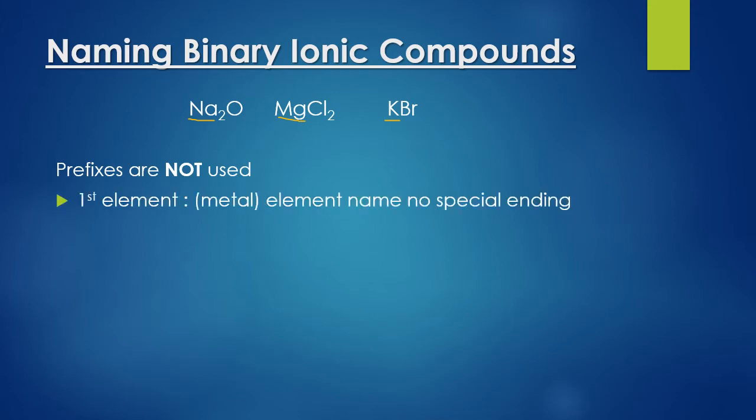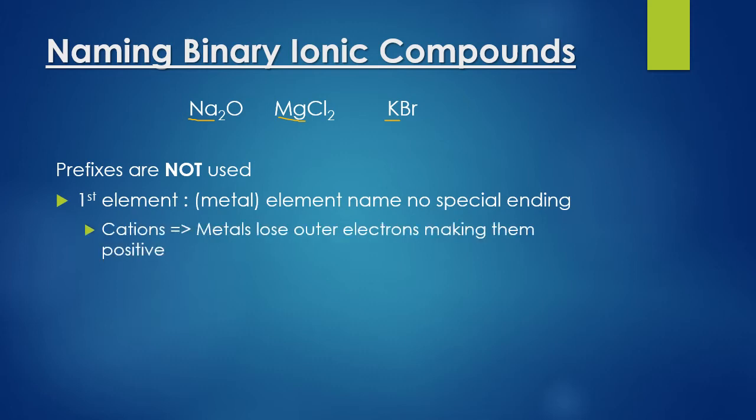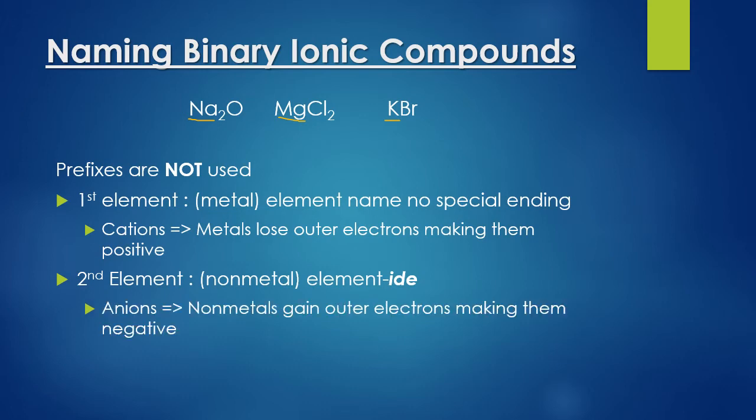When we name them, we're simply going to take the first element, straight off the periodic table, with no special ending. That's going to be the metal portion, the cationic portion, the positive ion. Then the second element present, which is the nonmetal, we're going to put the element name with just an IDE ending. So we are still going to use IDE endings like we did for covalent, but we're not going to use a prefix.